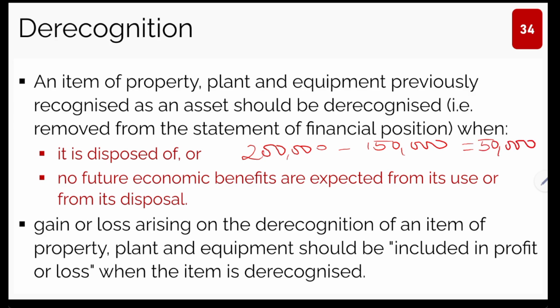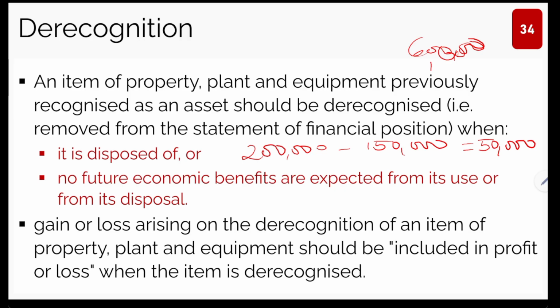Okay, so that's the new carrying amount. And then you sell the asset for 60,000. Is there a gain or a loss? There is a gain, because the carrying amount of the asset is 50,000, but you sold it for 60,000. That means there's a gain of 10,000 naira.